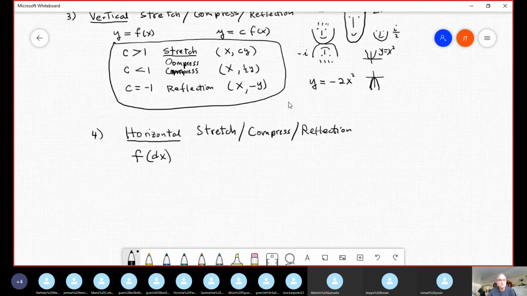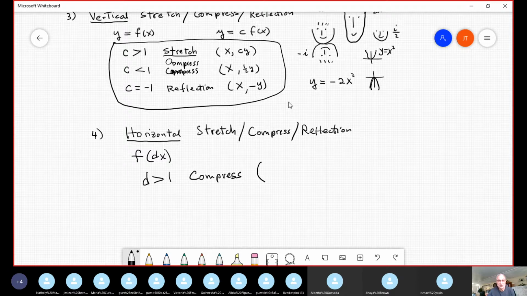When d is greater than 1, it's completely opposite, it's a compress. But what kind of compress? Horizontal compress. Why horizontal?